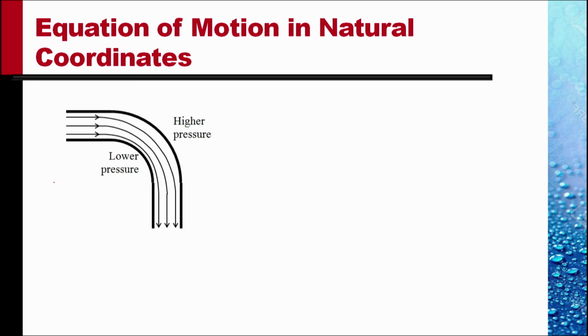Clearly there must be a pressure gradient in that direction, with higher pressure here and lower pressure there. Only then would they provide the centripetal force for curving of the streamline.